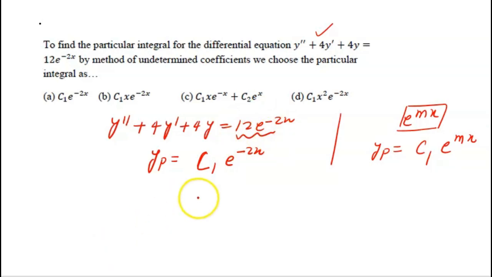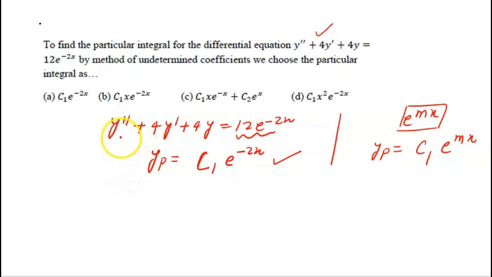But there is a catch here. What is the catch? This is not the answer. Why is this not the trial solution? The reason is that when we write the trial solution, we must also, and this is important, I am highlighting it, we must also look at the complementary function.